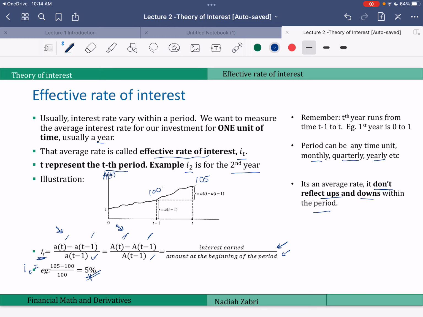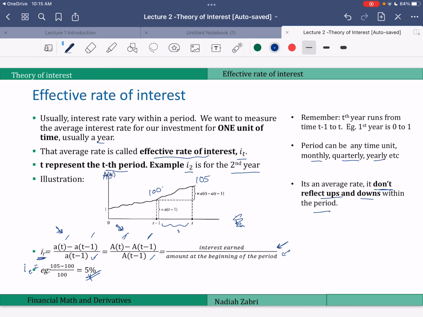However, I just want to highlight that usually in your questions that you will find later, it will specifically just mention that the effective rate of interest is such and such, and usually it is automatically assumed that the rate of interest within that period also is going to be that same constant rate, unless it is stated otherwise.